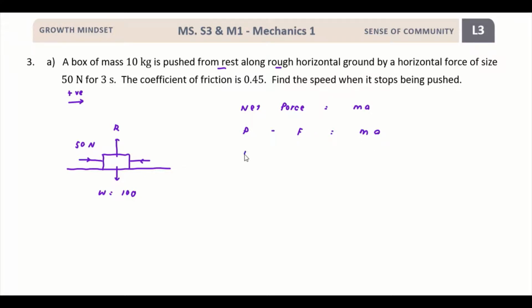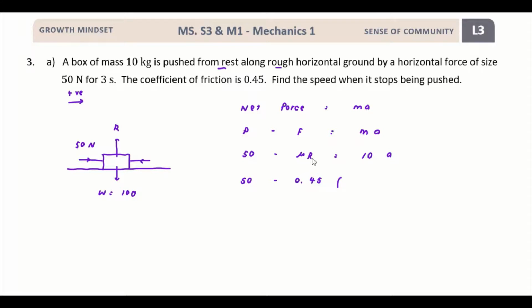The push is 50 Newton, the friction is mu R, and it is equal to 10 for the mass times acceleration, which is what we want to find. Substitute our mu here, 0.45, and for the resultant force, there's no other force, right? So the vertical component only has R and W.